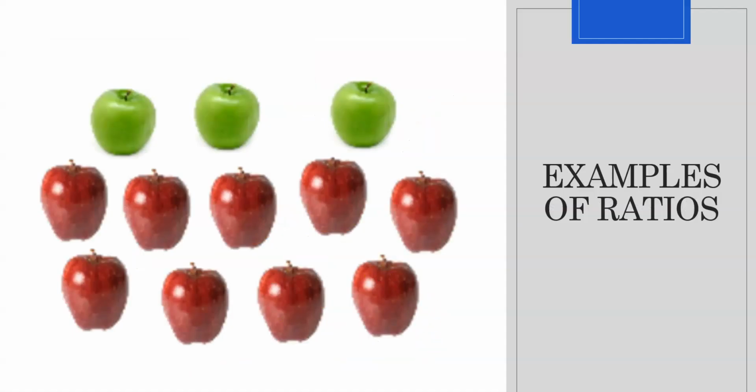So another example here, we've got green apples to red apples. So we've got 3 to 1, 2, 3, 4, 5, 6, 7, 8, 9, to 9. We could go red to green, so it would be 9 to 3.